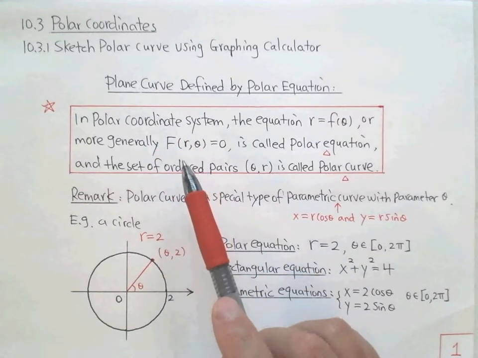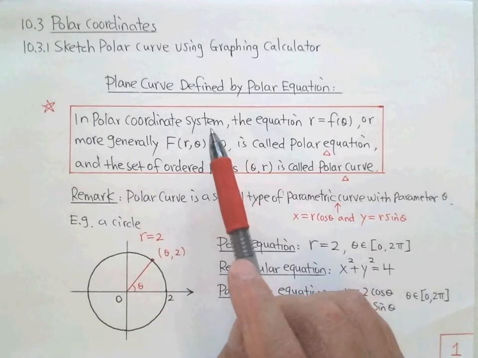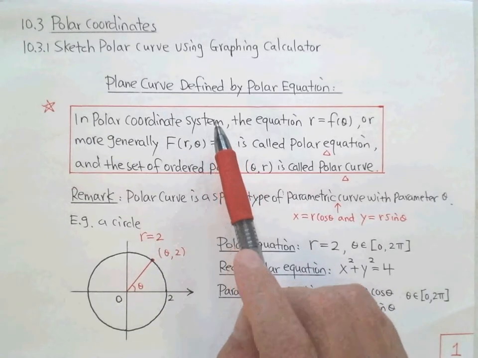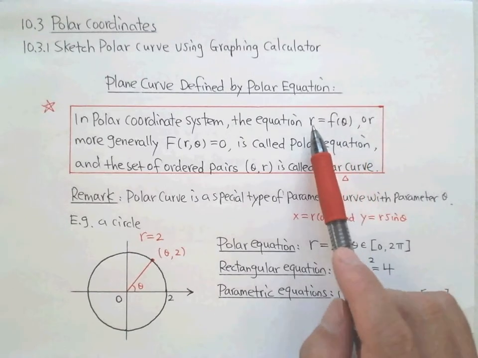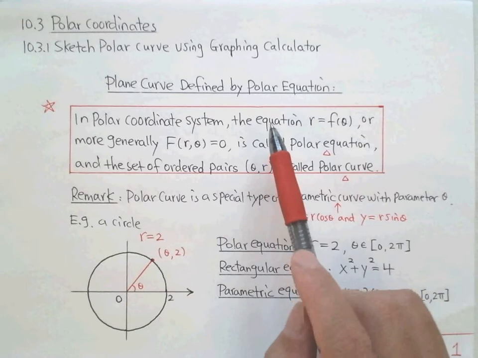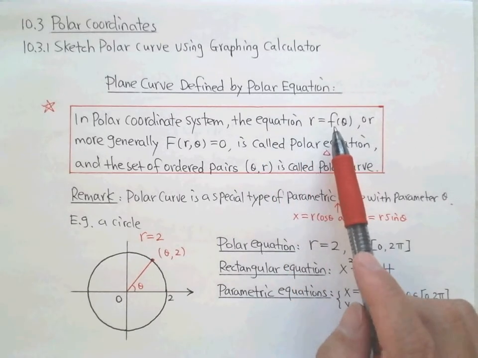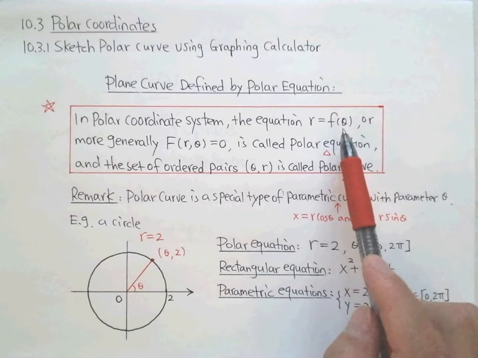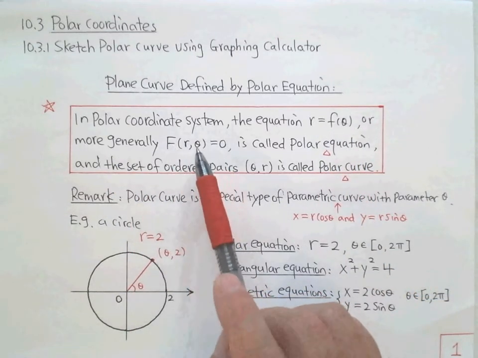In the polar coordinate system, do you remember it? We have two items. One is the angle, and the other is the distance, which we call r. The angle is theta. If we give an equation where r is a function of theta, or generally r and theta have a relationship in the equation, we call this equation a polar equation.